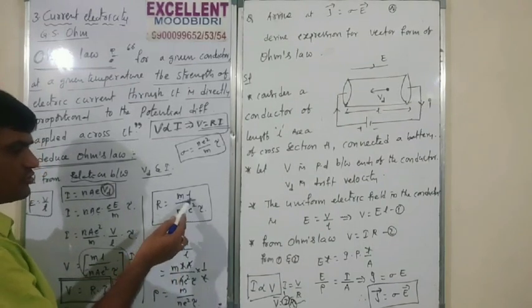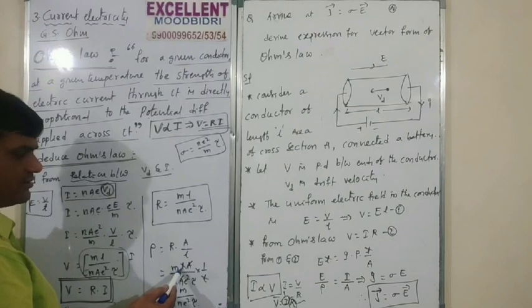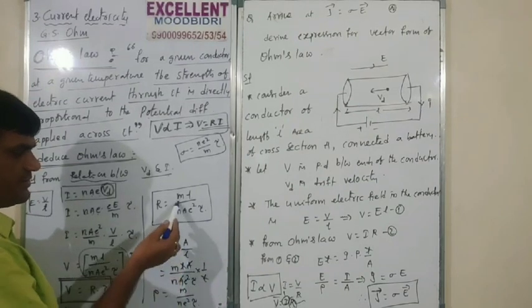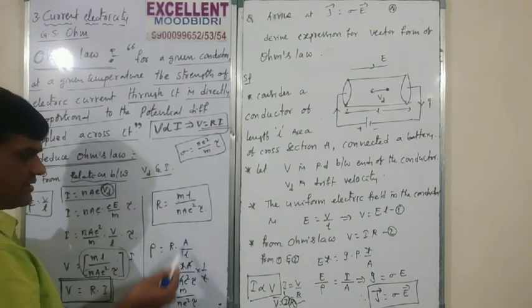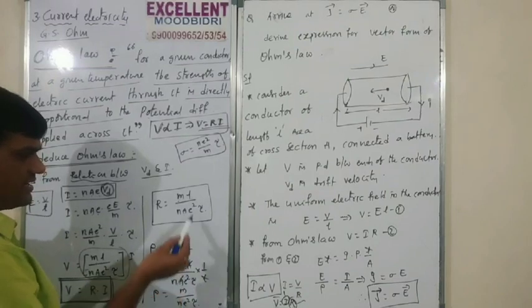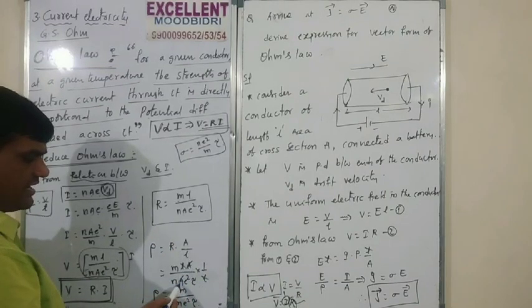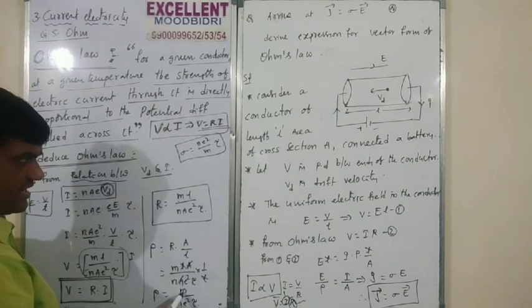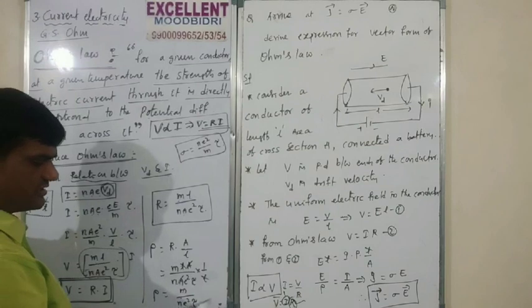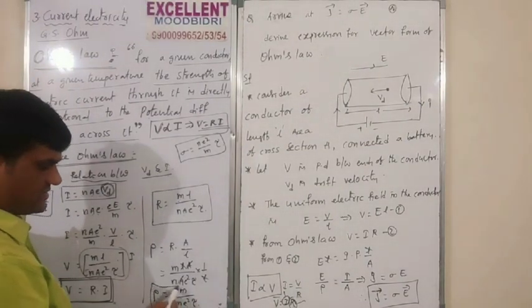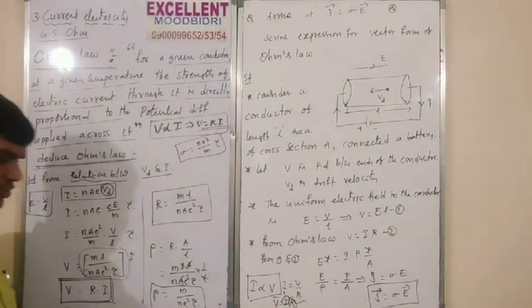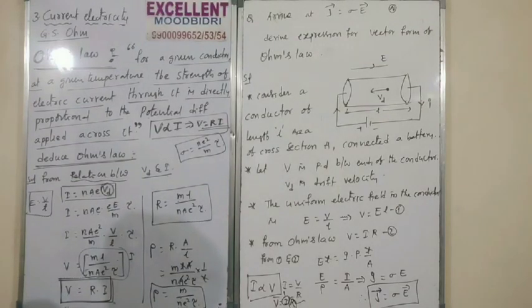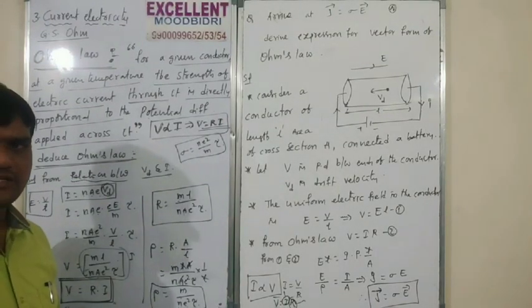Where R is equal to m L into A divided by n A e square into tau. A gets cancelled, L gets cancelled. Therefore rho is equal to m divided by n e square into tau.